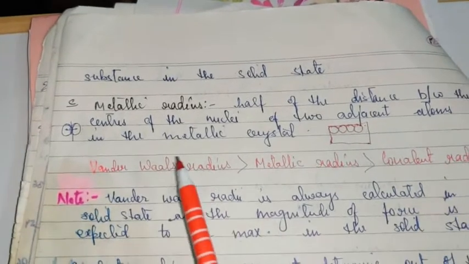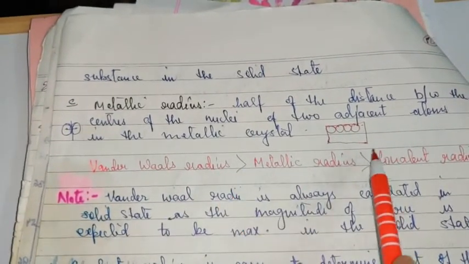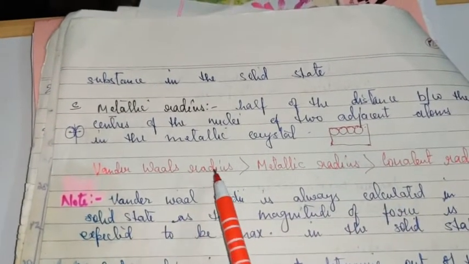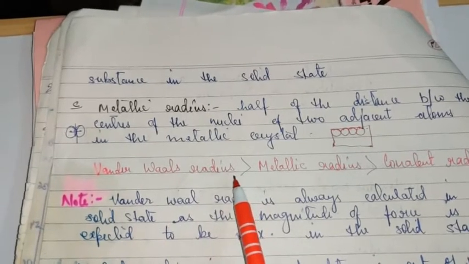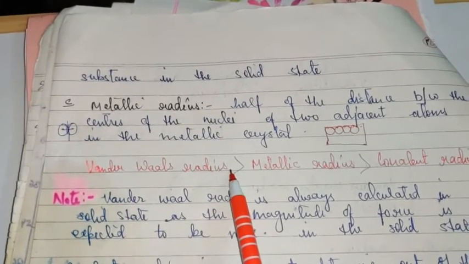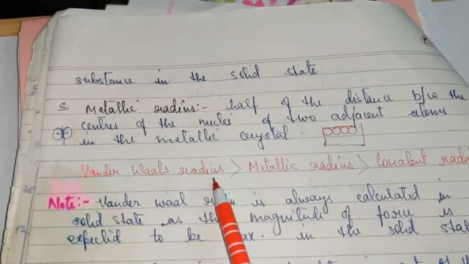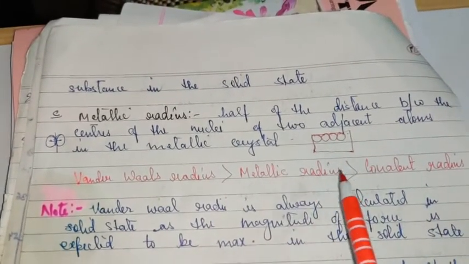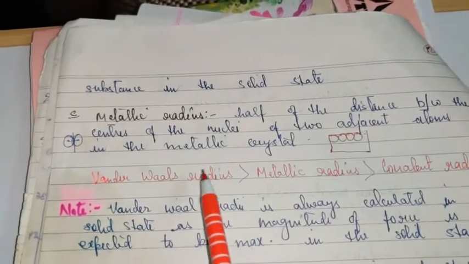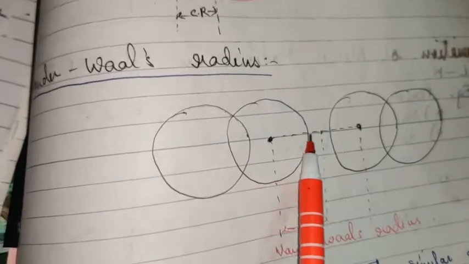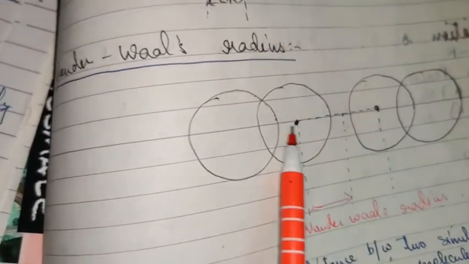Now, when you compare the three types of radii, obviously the van der Waals radii will be the largest in value, and then comes the metallic radii, and at last we have covalent radii. Because in van der Waals radii, as you can see here in the diagram, there is a distance between the two neighboring atoms.